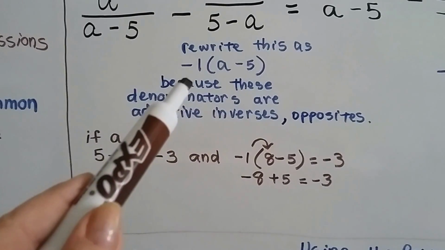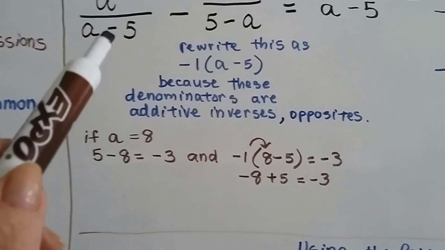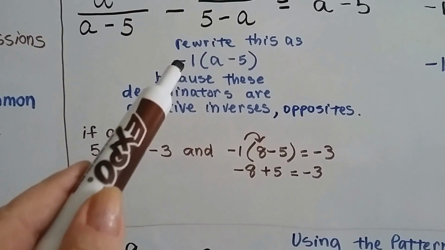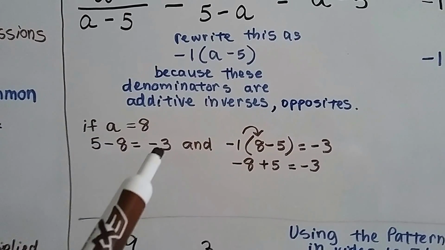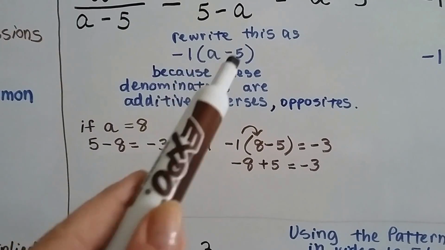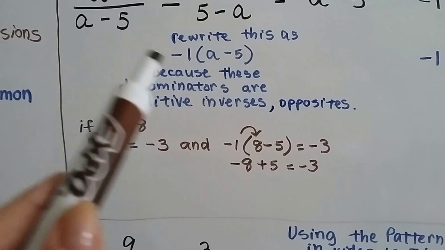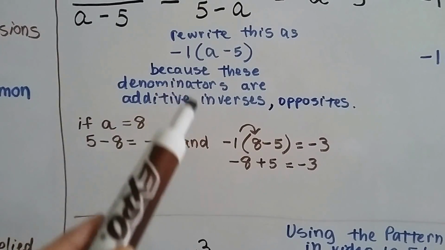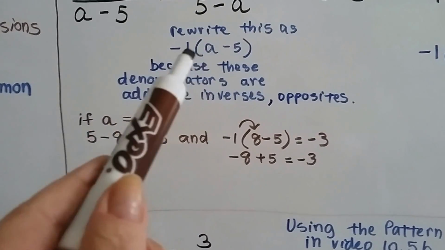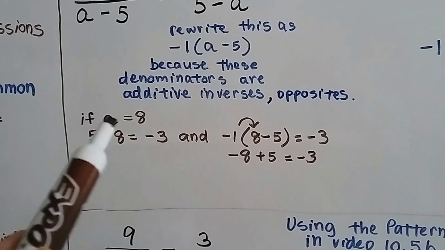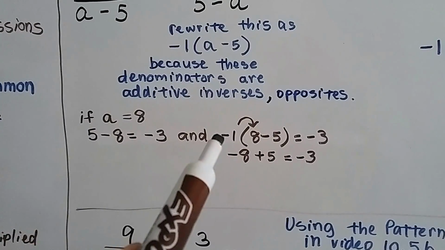Well, if we multiply it in this direction, a minus 5, with a negative 1 in front of it, we'll get our negative 3. So this will end up becoming the same as this by rewriting it as the negative 1. So check it out. Let's say that a is equal to an 8.